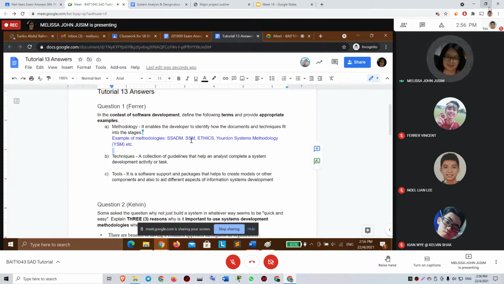This one is the soft, cannot remember soft what already. Soft system methodology, I think, the Jordan system methodology and so on. Not forgetting the RAD, rapid application development. What else? I think that's what we covered. The waterfall, the spiral model. Okay, those are examples of methodology.